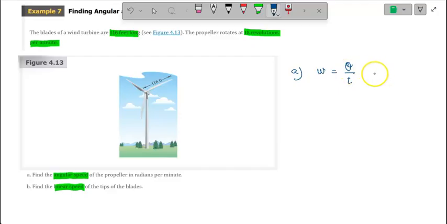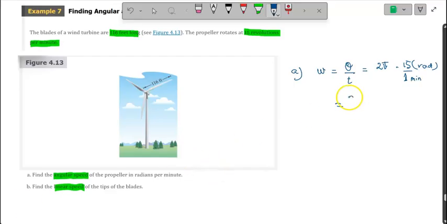So theta, that's going to be 2 pi, that's 1 revolution, times 15 revolutions divided by 1 minute. So on top it can be radians, right? And just plug it in, and that is equal to 94.2 radians per minute. All right, so that's your angular speed.